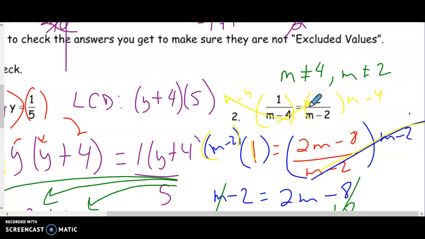So if you just cross multiply, when you have a fraction equal to a fraction, you'll get the same result as if you had gone through all the steps I just went through. So m minus 2 times 1 gave me this guy. M minus 4 times 2 gave me this guy, and then we were able to solve it. So it's just a shortcut as opposed to multiplying everything by m minus 4 and then m minus 2, the product of which is your lowest common denominator.